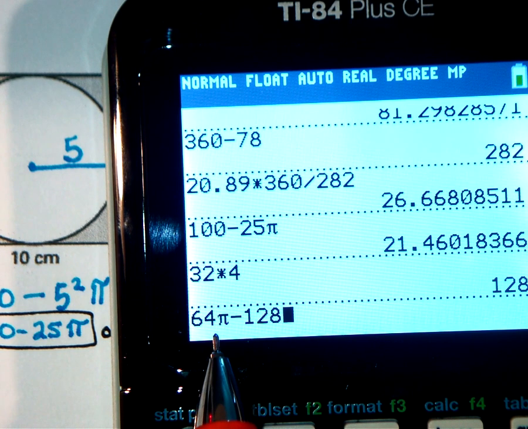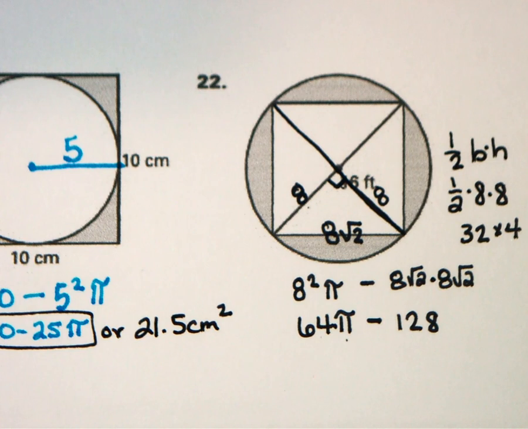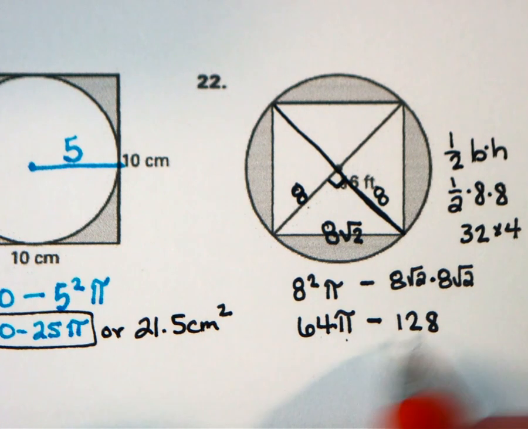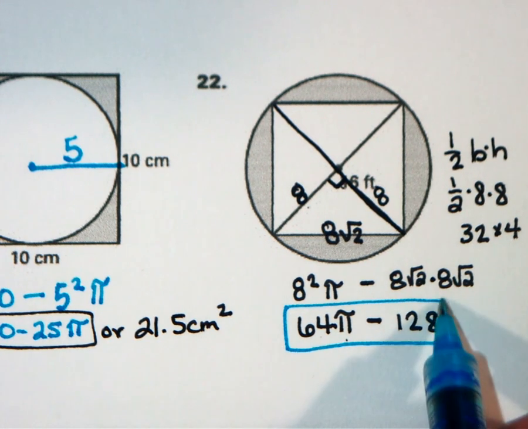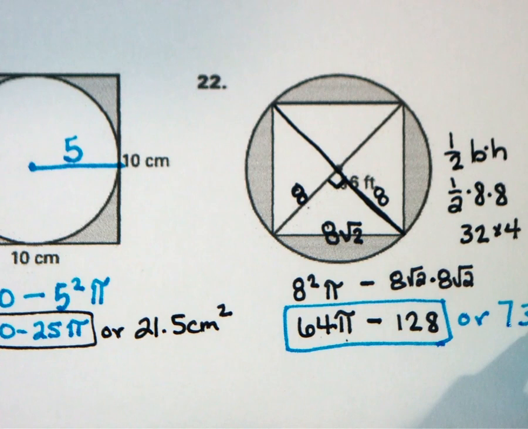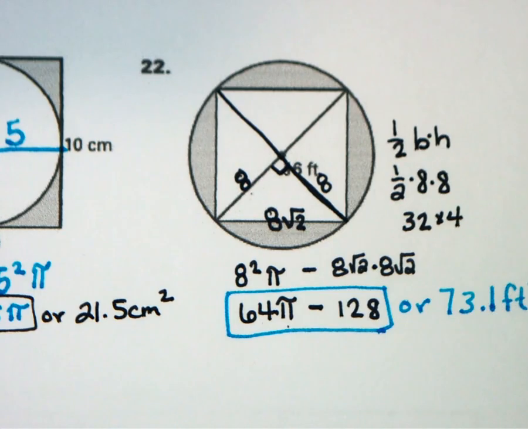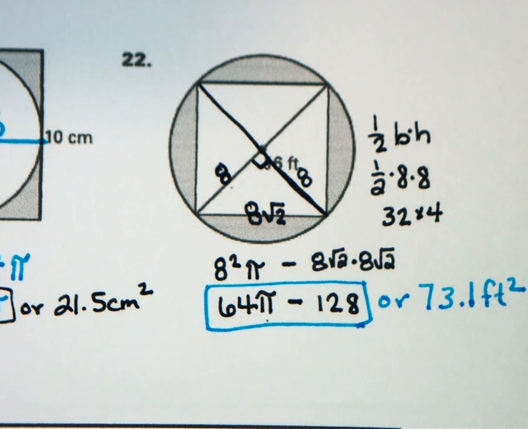This is 64 times 3, or a number bigger than 3, and then subtract 128. So that's going to give me 73.1 if I'm just going to one decimal place. Okay, so this could be our answer here. This would be our exact answer because I can't actually subtract those. And that one's in feet, so feet squared. All right, there we go.